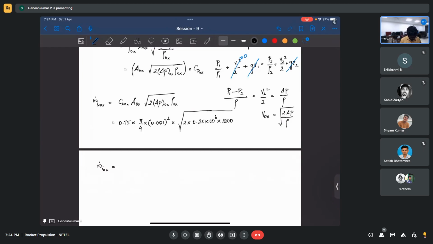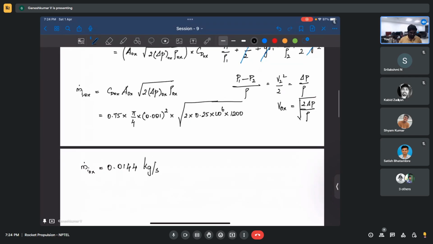How much are you getting? 0.0144 kg per second.